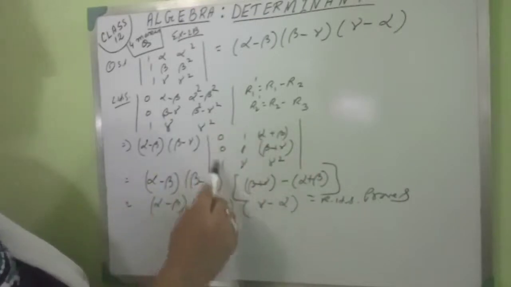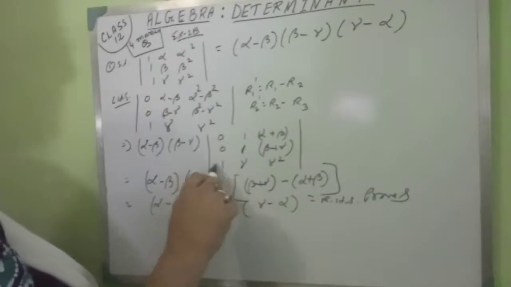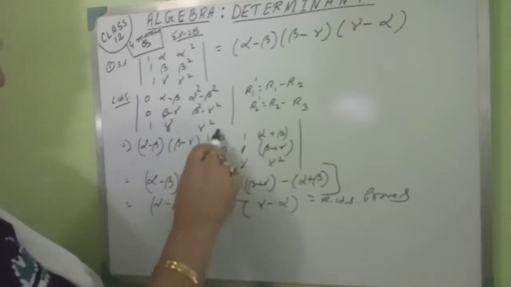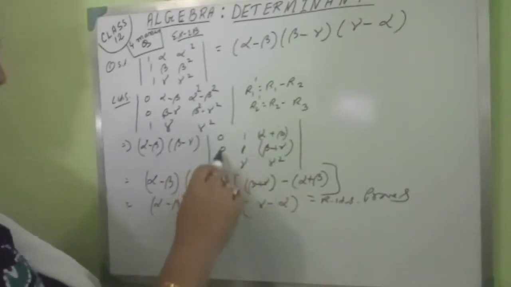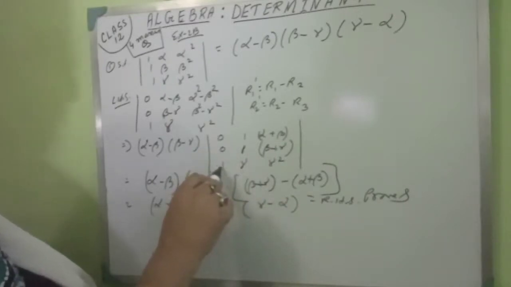Okay, now we can expand this with respect to the first column, since the intersection of the first column and the third row is the element 1.